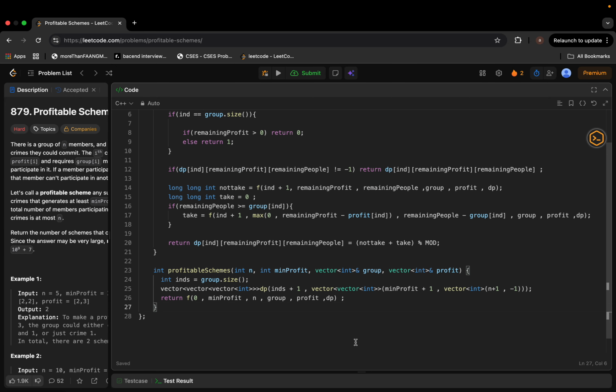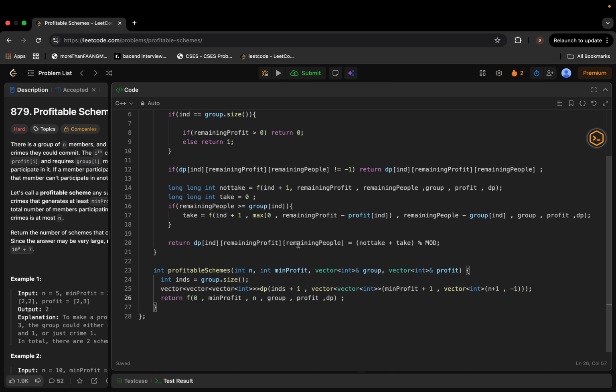And let's talk about time and space complexity. Here you can see we are using a 3D vector. The size will be group dot size times profit times the number of people n provided.